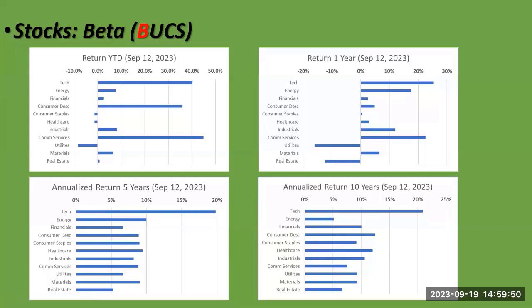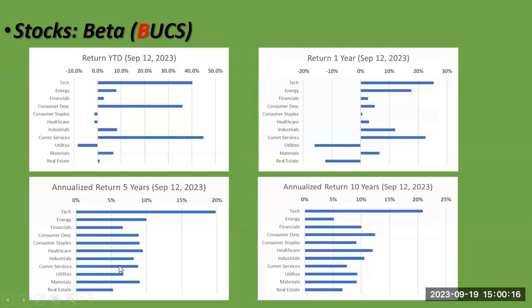I'm not sure which particular sub-industry is driving that. For the last year, tech is the strongest, communication services is the strongest. Last 5 years, tech, by far, twice as high a return as anything else. Last 10 years, tech, by far, 20% annual return versus almost half as much for anything else. Pretty amazing.